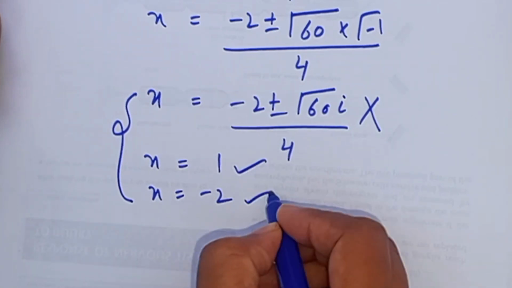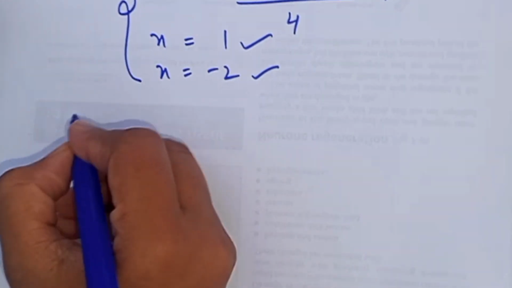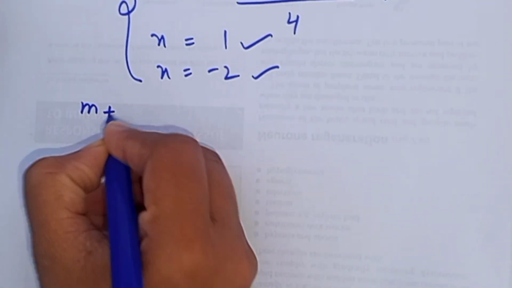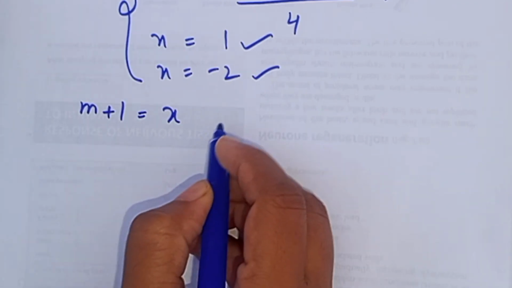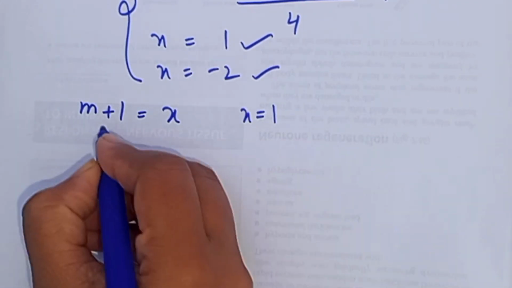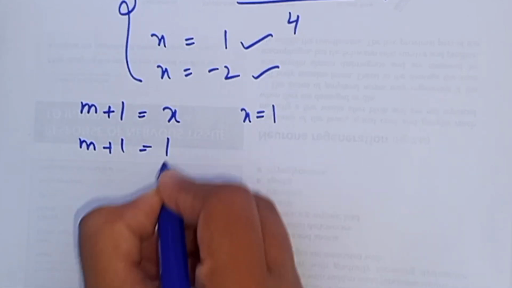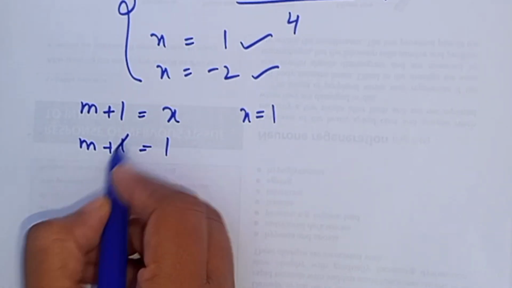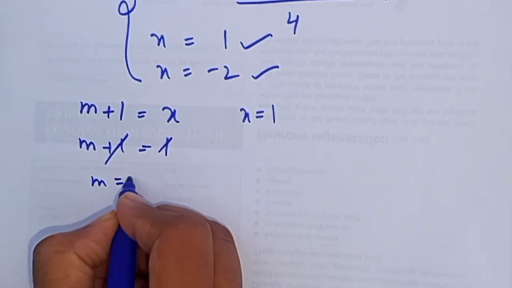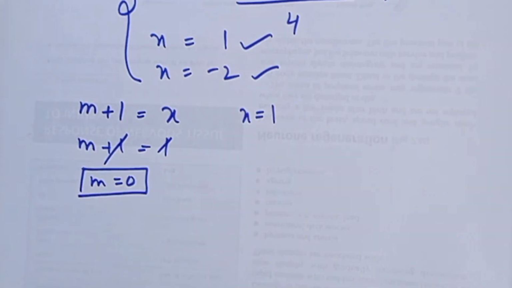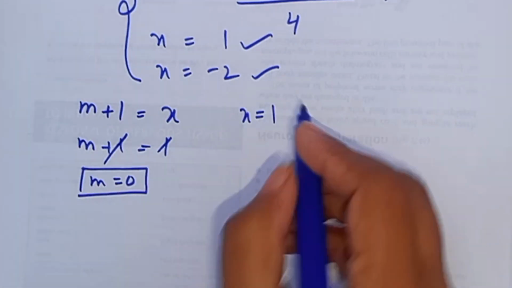So focus on these two values. In our question we let m plus 1 equal to x, and if x is 1 then find the value of m. So m plus 1 is equal to 1. Now this 1 and 1 will cancel, we just get m equals 0. So one value of m is 0.